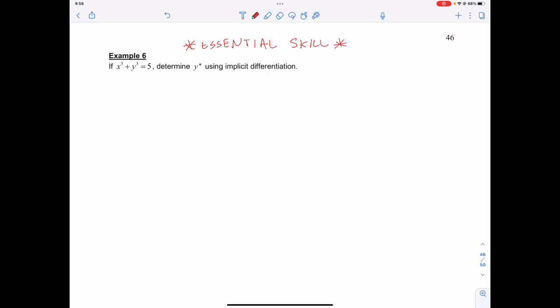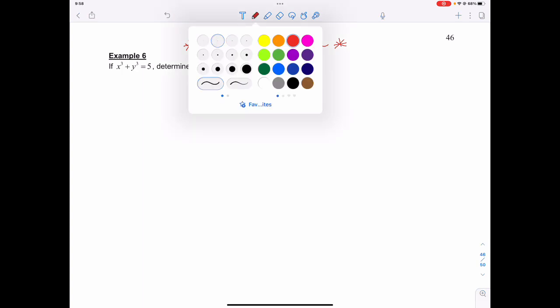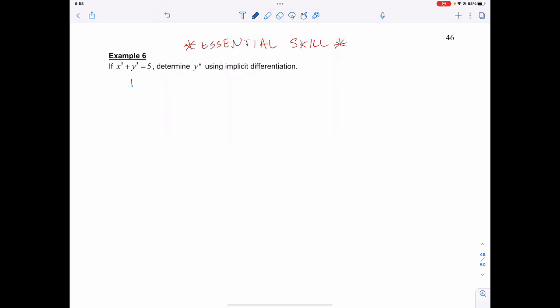So, first off, we're going to do the first differential. So I'm going to take the differential of every term, and I'm going to get 3x squared plus 3y squared y prime is equal to, that constant is just going to become 0.